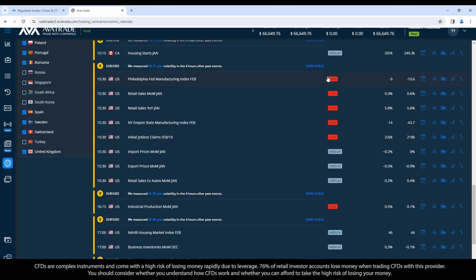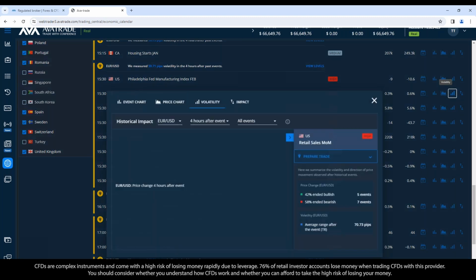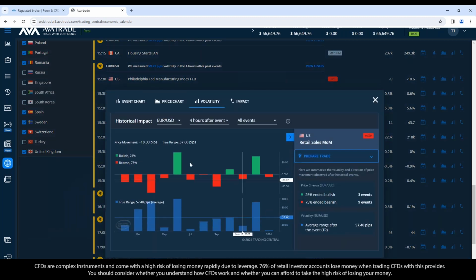So we can look at retail sales month over month, okay? And we can say with the Euro-USD pairing, we can look at any USD pairing we want. We'll go 4 hours after the event. We could do smaller time periods. Let's do 4 hours. And if we look at all of the events, doesn't matter if it comes in better than expected, worse than expected.